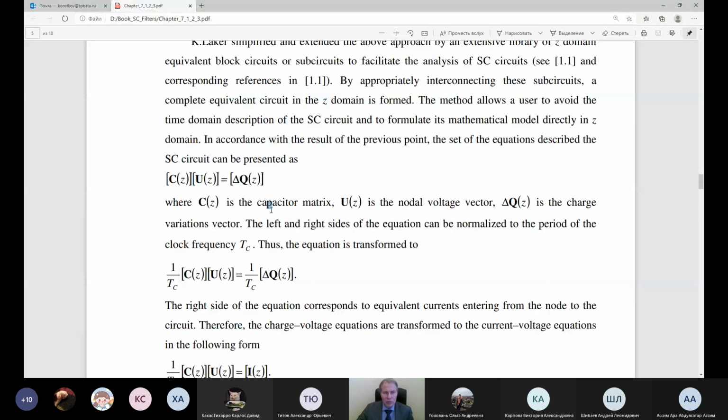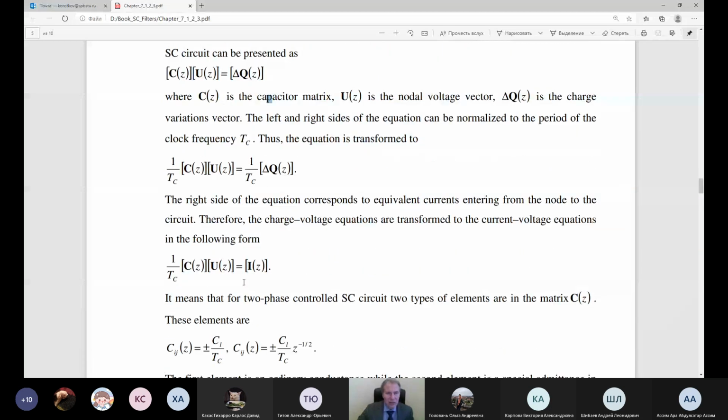And it is possible to take into account that if we normalize the left side and the right side of this equation using the time period of the clock, then we have the following ratio. So look, it means that in general case, the right side of the equations corresponds to the current.